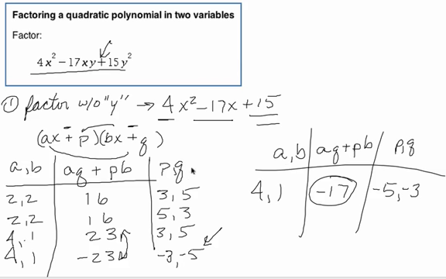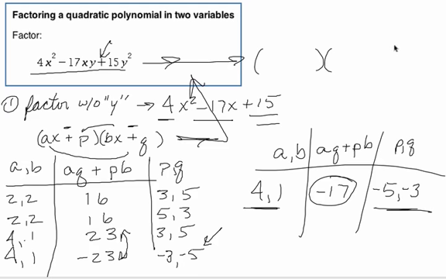So that means our AB is 4, 1, and our PQ is negative 5, 3. We can come up with our final answer as 4x plus P, which is a negative 5. So that's minus 5. And remember, as our final step, we have to add that y in there. And then here we get a 1x, or just an x, and that's going to be minus a 3y.